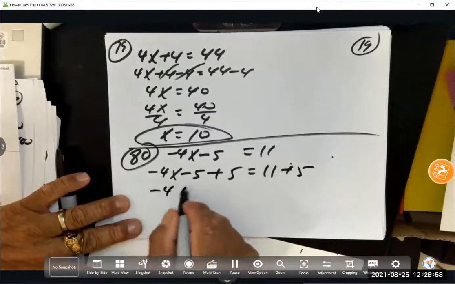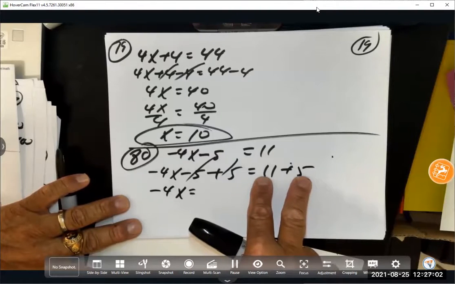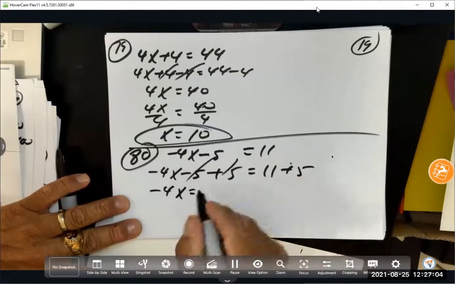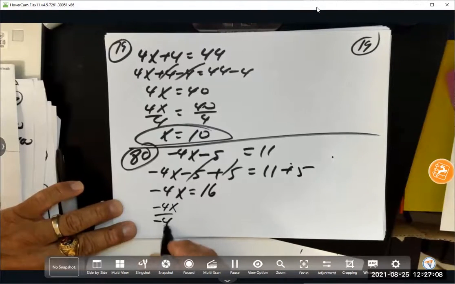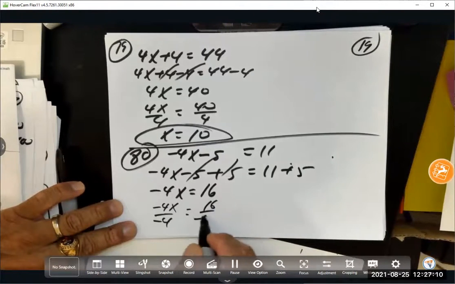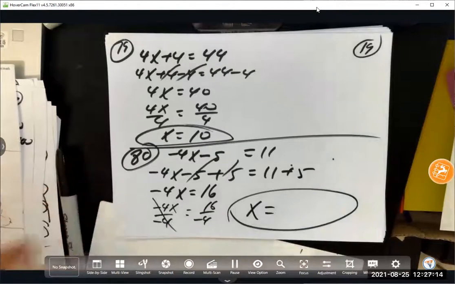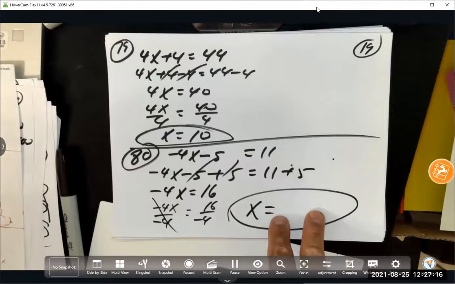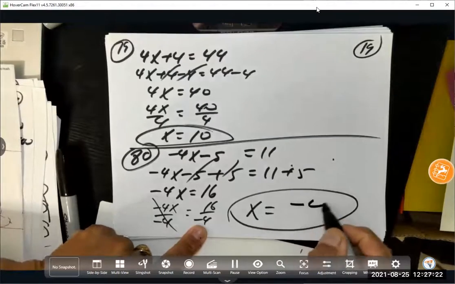So negative 4x equals, these are gone. What is this? Add it. 16. So now I bet you if you divide this by negative 4 and I divide this by negative 4, you tell me the answer. I don't know. What do you think it is? Negative 4. Somebody say negative 4. Is it okay? Yes. Okay, I'll put it down, negative 4.